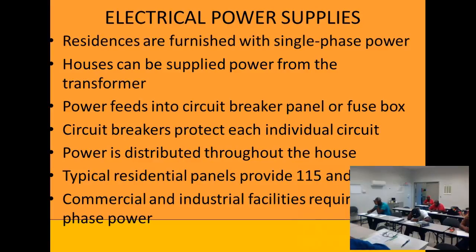Okay, so what do we want to talk about next? So those are loads. Now, obviously, you can't have a circuit without power, so I have to have a load or loads. I have to have power, which we're going to call source power, and I have to have a path.